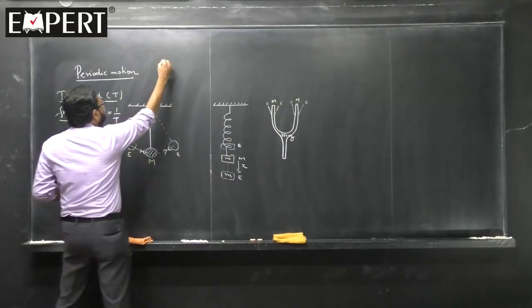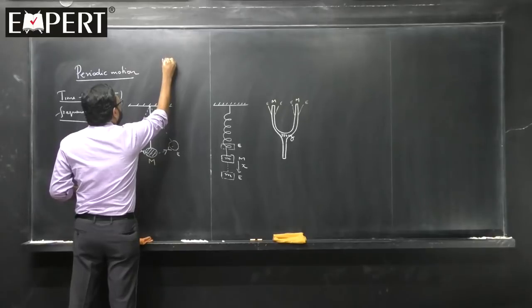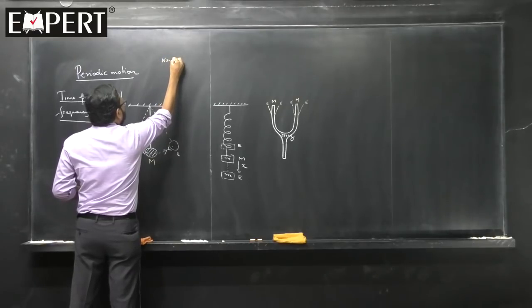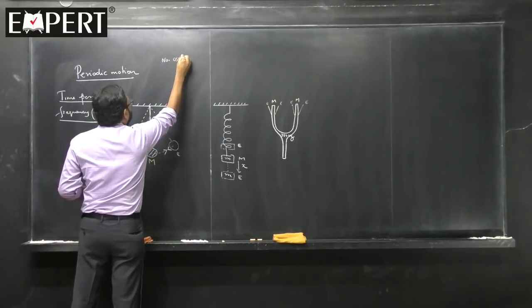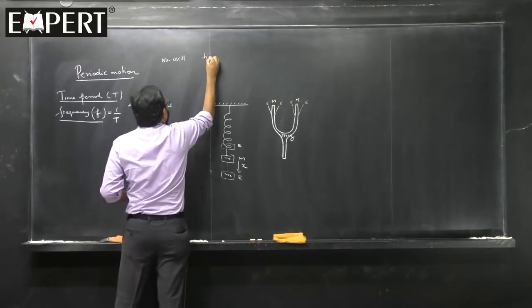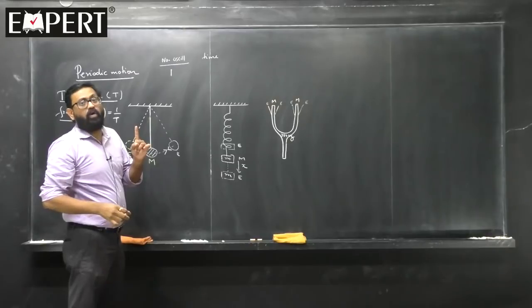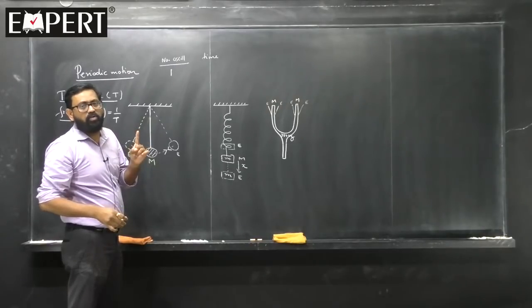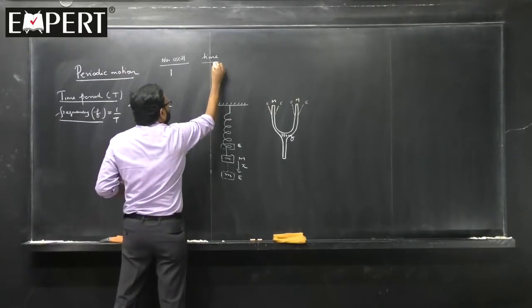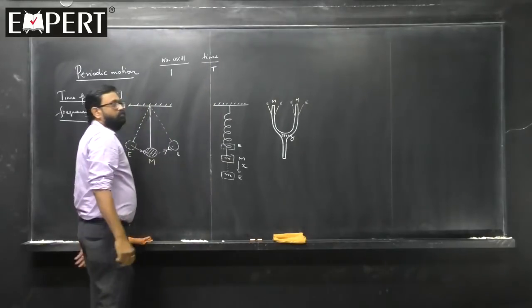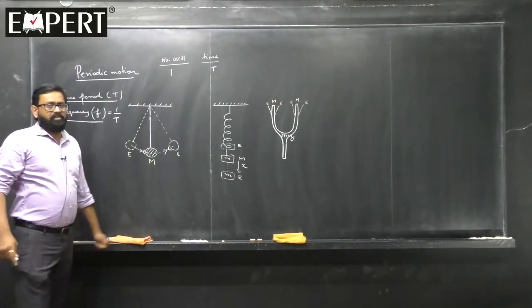The very simple logic is, you consider this proportion, number of oscillations and the time taken. If you talk about one oscillation or one cycle, one revolution or one rotation, the time taken is called the time period T. To complete one oscillation, the time taken is called the time period.